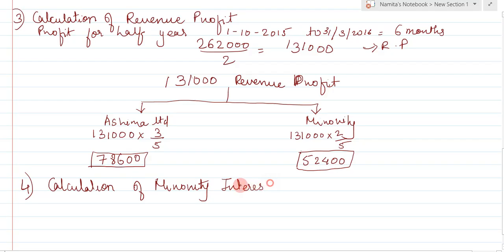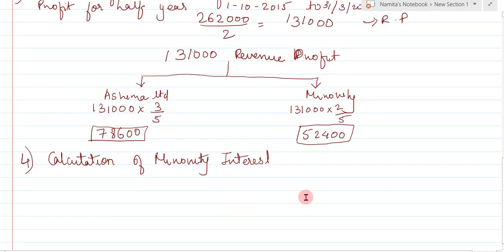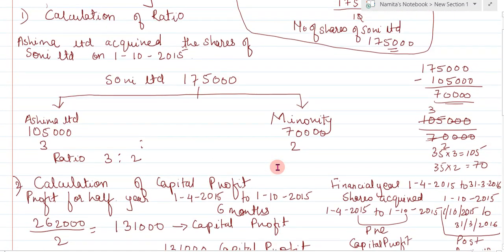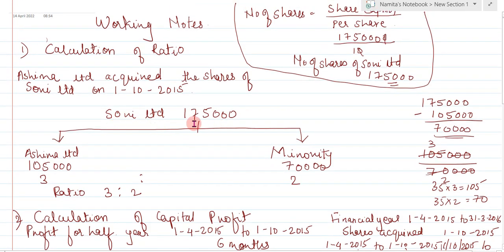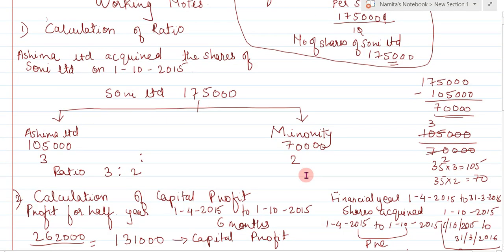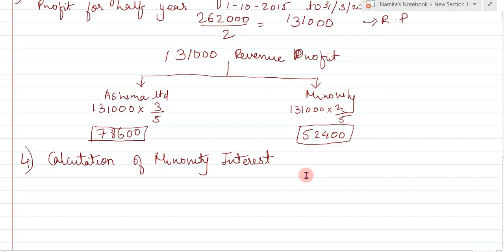For calculation of minority interest, we need how many shares the minority have in Sony Limited. If you see here, total Sony Limited shares were 1,75,000. Out of 1,75,000, 1,05,000 belong to Anshima Limited and the remaining belong to the minority. So 70,000 shares belong to minority interest.